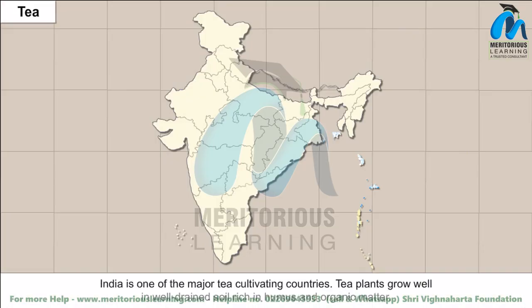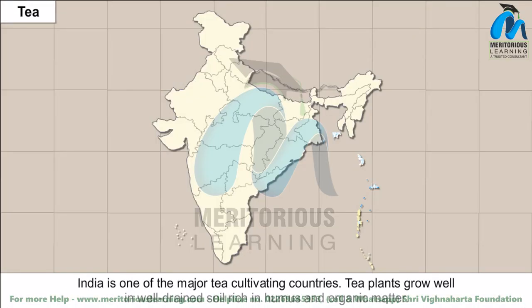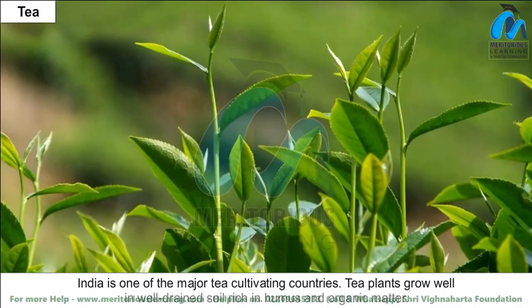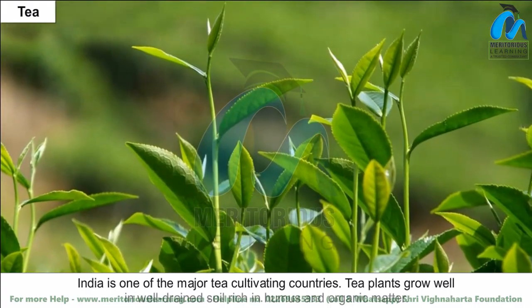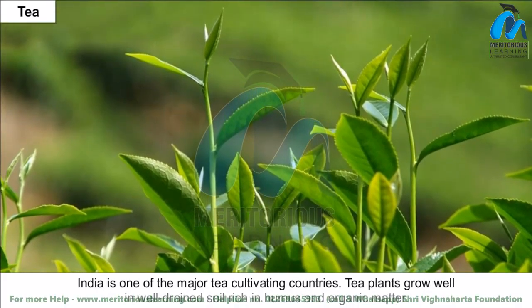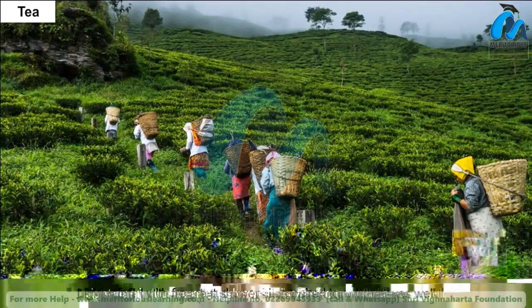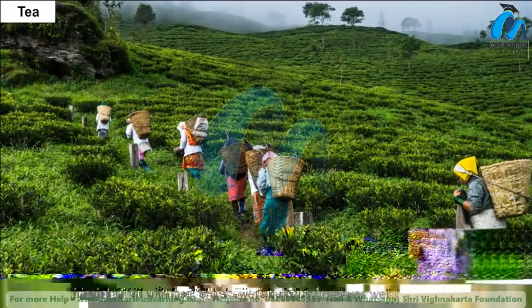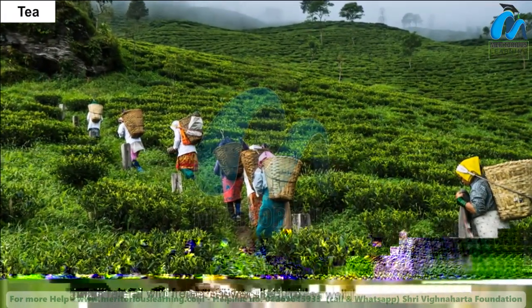Tea. India is one of the major tea cultivating countries. Tea plants grow well in well-drained soil, in humus and organic matter. Light rainfall with frequent showers is required to grow the leaves well.